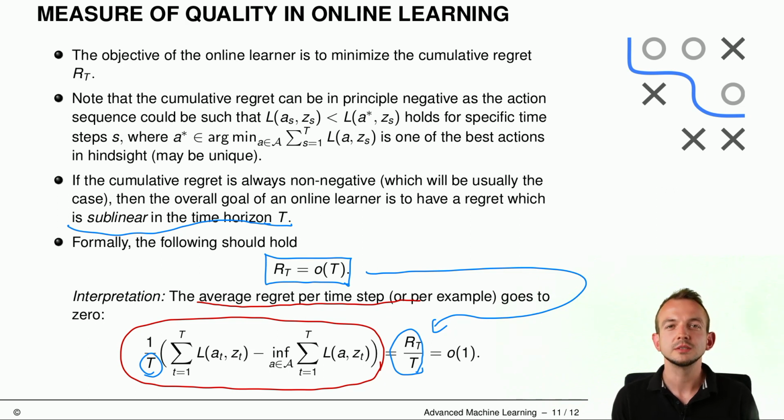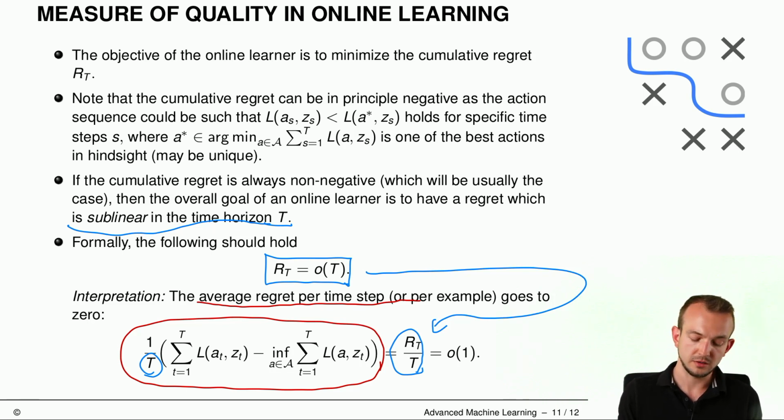So you see, this is in fact something which we want, which is desirable, that the average regret per time step goes to 0. This is why this sublinearity in the time horizon is indeed a good goal.